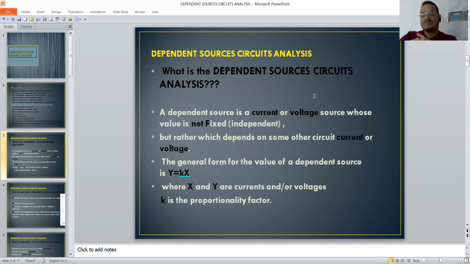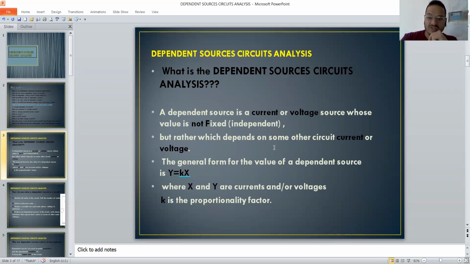Independent means it has a natural number, and this number will not depend on any other element. But on the other hand, what does dependent source mean? It means this source's number depends on another element. If this element changes, this current or voltage will change.